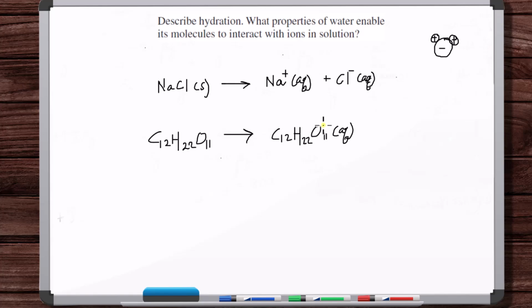It's surrounded by water molecules, and the idea is there's a bunch of OH groups in this molecule, and those OH groups are very polar, so the skewed negative charge on those O's interacts with the positive charge on the H2O molecule, and then the skewed positive charge on the H's in those OH groups interacts with the negative charge on the water molecule, and that's how it becomes hydrated.